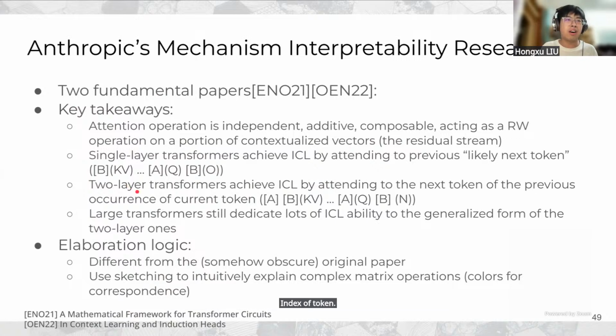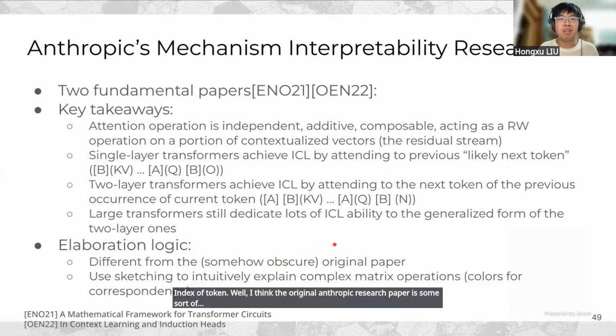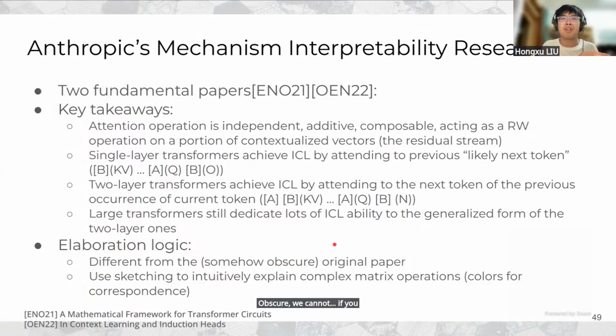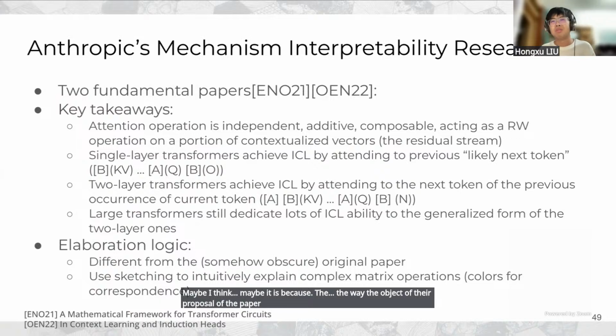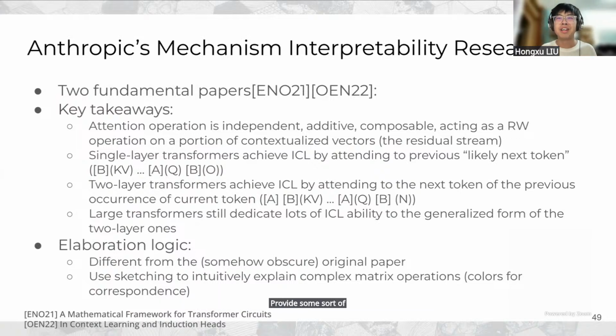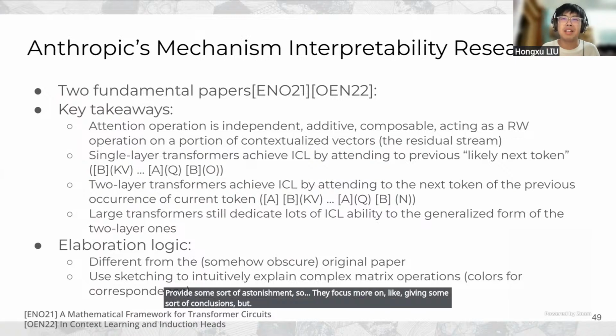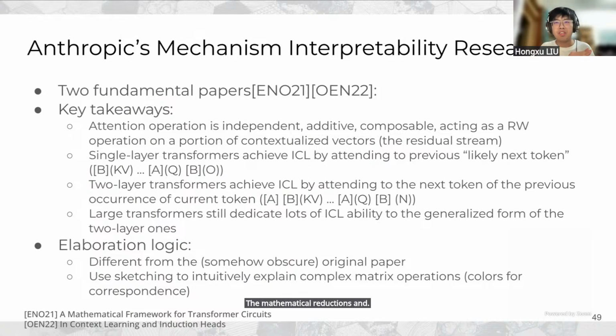That is, copying a previous token and contributing to the presence of that token at the upcoming token index. I think the original Anthropic research paper is somewhat obscure. If you try to read the original paper, maybe it is because the objective of the paper is to provide some sort of astonishment. They focus more on giving conclusions, but the mathematical reductions and the motivations behind their methods are hard to understand.